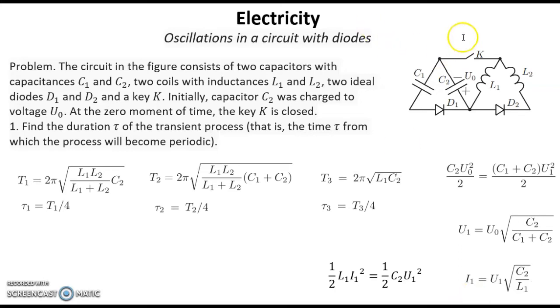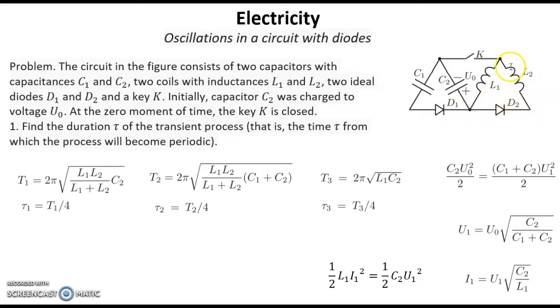We have maximum current through this L1 which is going down, and now it cannot again go through this diode D1. It can charge capacitor C2, and this current will split in the other direction through diode D2.